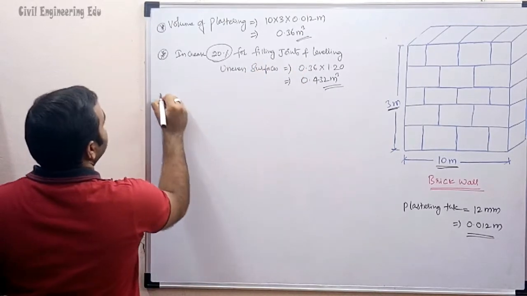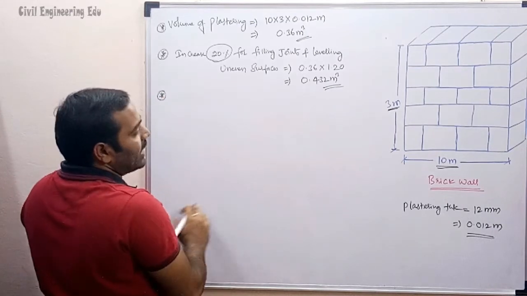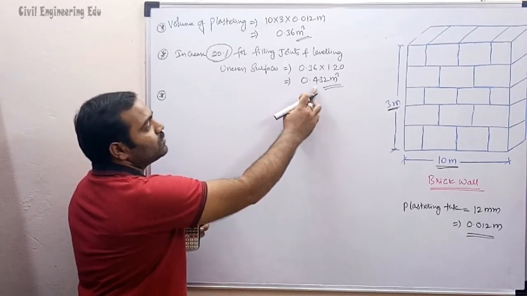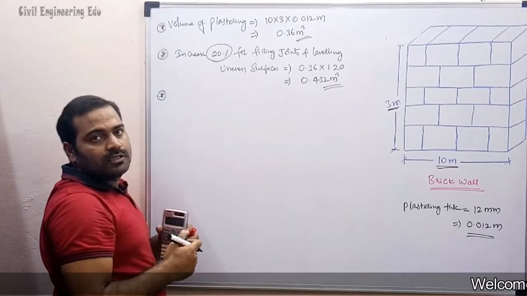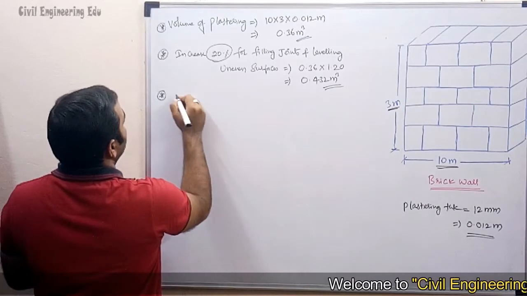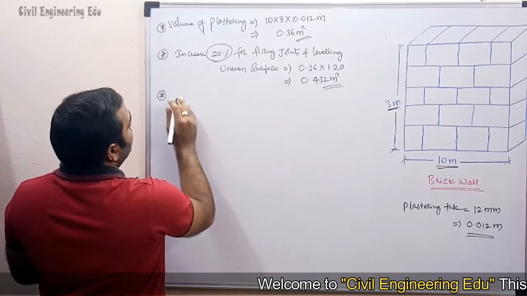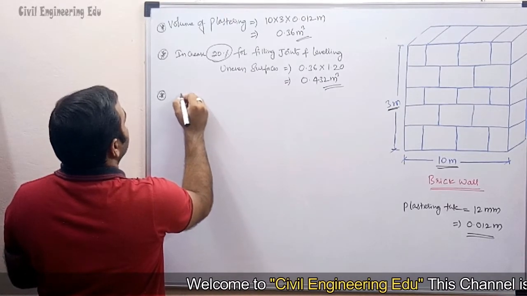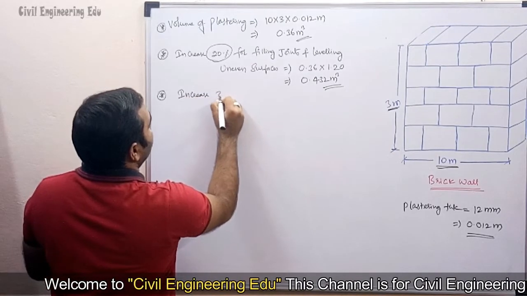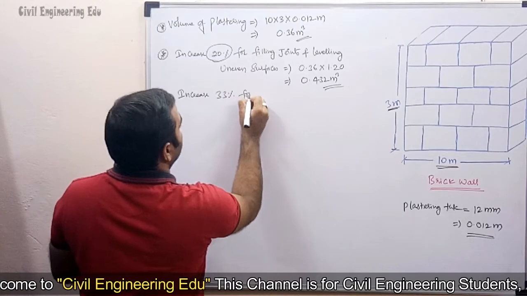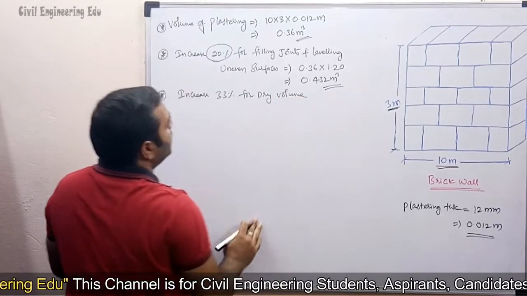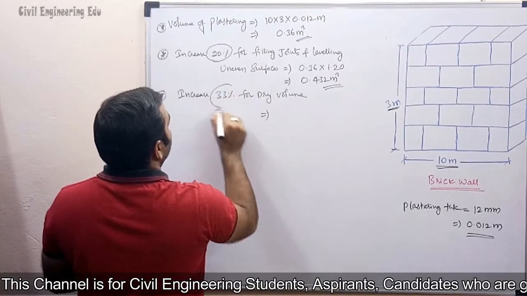Now for calculation of materials like cement and fine aggregate, we should convert this volume into dry volume. After converting this into dry volume, only then we go for the calculation. Here we have to increase 33% for dry volume.